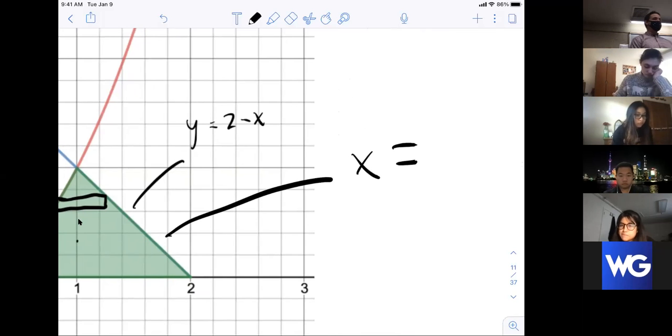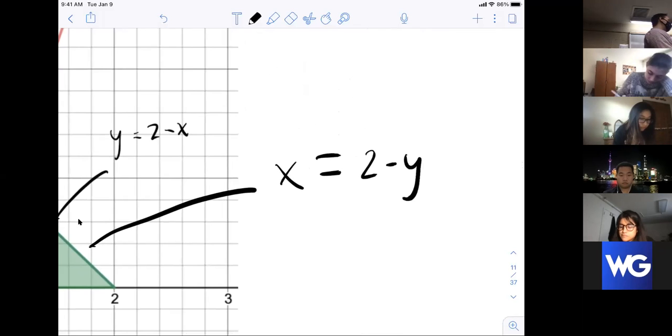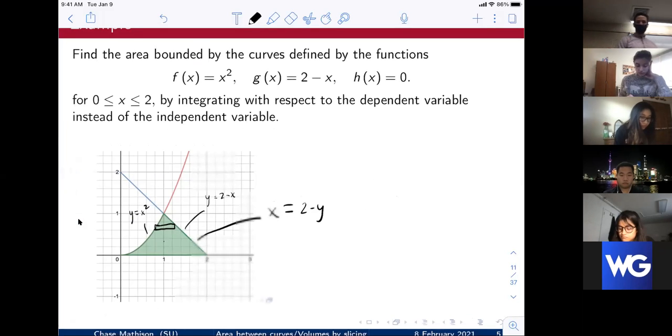So how could I write it as x equals something in terms of y? Exactly, just solve for x. Okay, so you subtract 2, divide by -1, you get x is equal to 2 minus y. Okay. Questions on that?